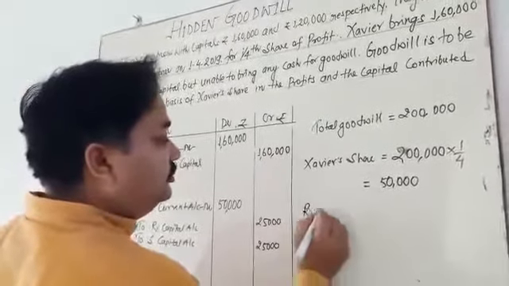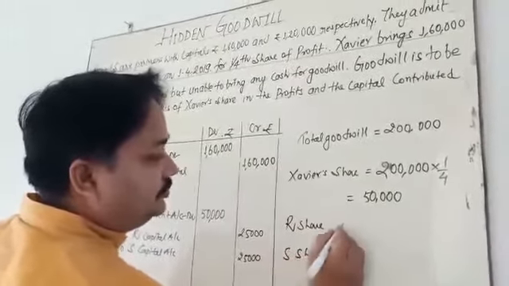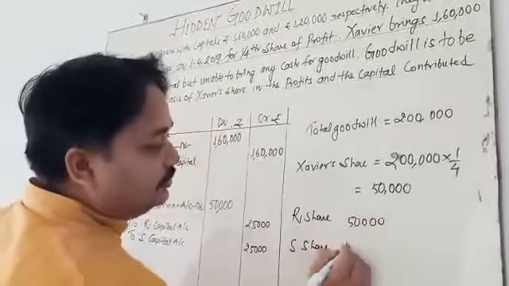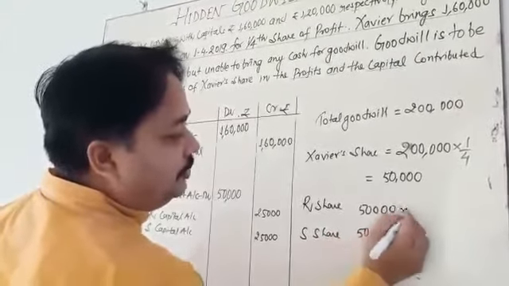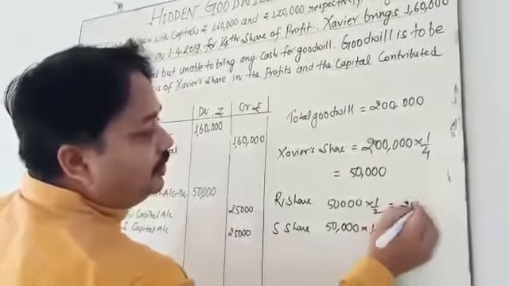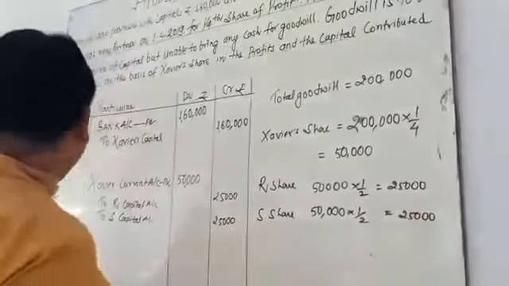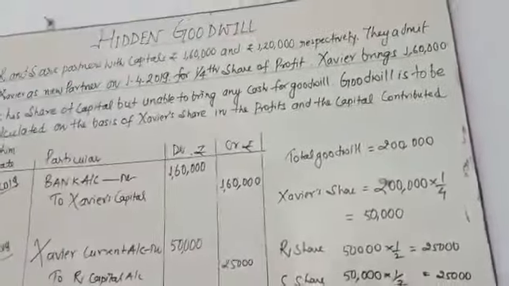R's share and S's share: 50,000 multiplied by 1 by 2, 1 by 2, that is 25,000 and 25,000. So my dear student, this is the topic of hidden goodwill.